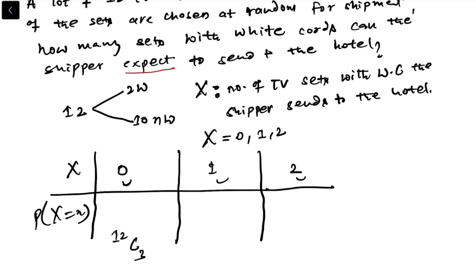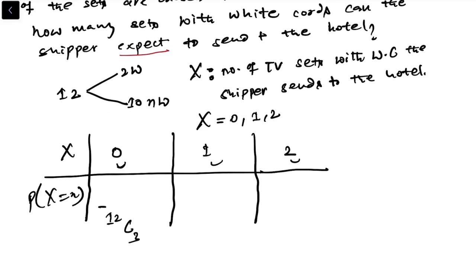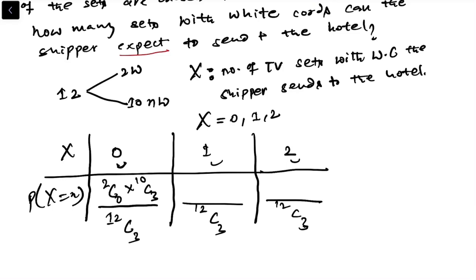Okay, so out of 2 white cards, we can choose 0 cards, and out of 10 non-white cards we can choose 3 cards, and this is how you can get 0 white cards, right? Similarly, the denominator in this case will be the same, and here as well. So out of 2 white cards you can choose 1, and out of 10 non-white cards you can choose 2.